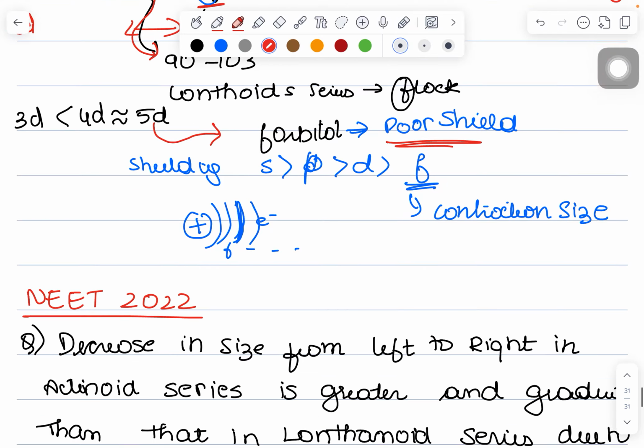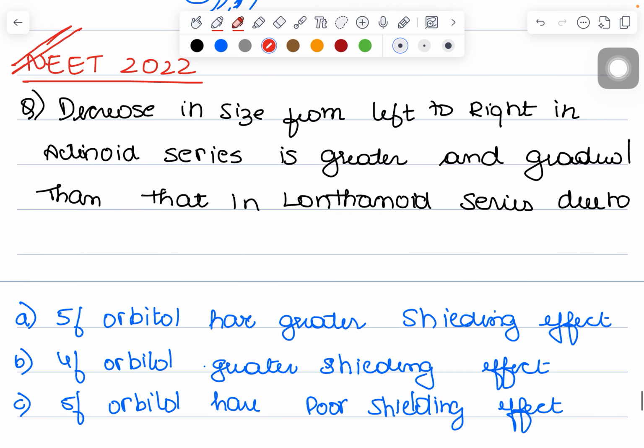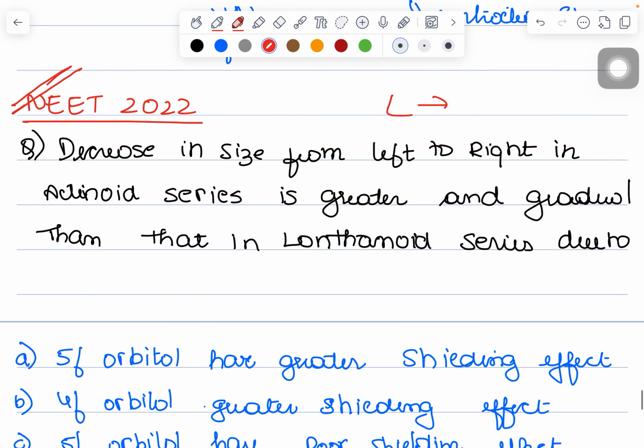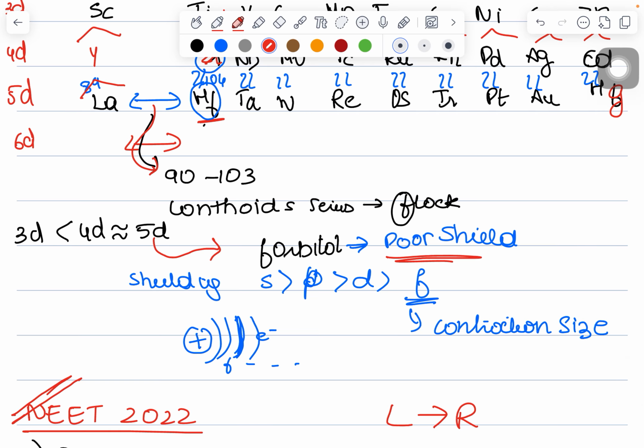Hope this is clear. Now let's solve one question which was published in NEET 2022, that is: decrease in size from left to right in the actinoid series. So now what is the actinoid series? Here, after lanthanum we have actinium.